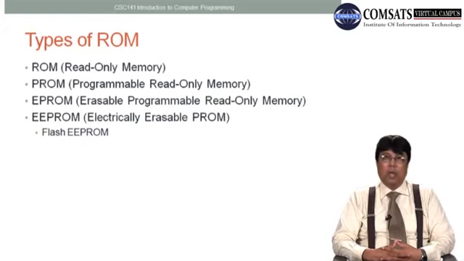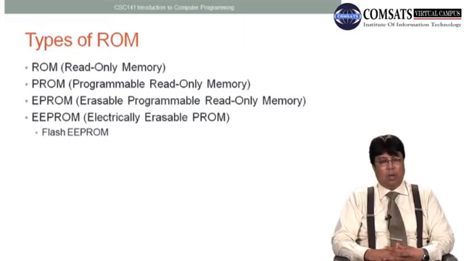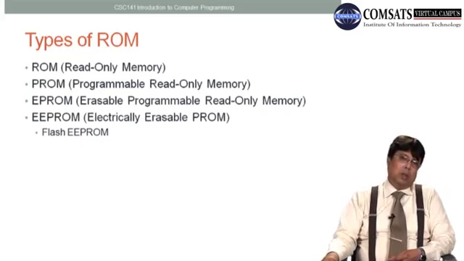ROM stands for read-only memory. We have PROM also. PROM is programmable read-only memory. Then we have EPROM, erasable programmable read-only memory. And finally we have EEPROM, electrically erasable programmable read-only memory. Let's go through it very quickly.